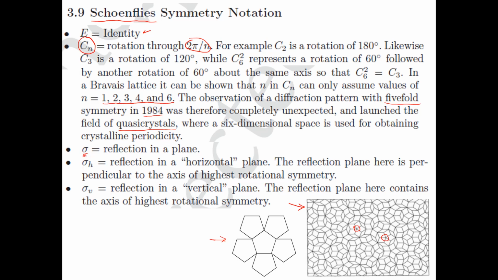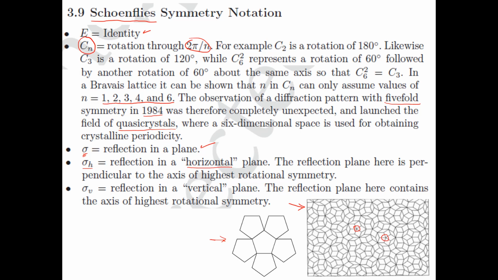We use the letter sigma to indicate reflections, but you can have many different kinds of reflections. For instance, when you have a symmetry operation indicated by sigma h, that means a reflection in a horizontal plane.